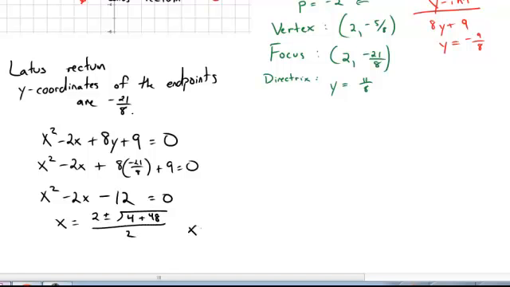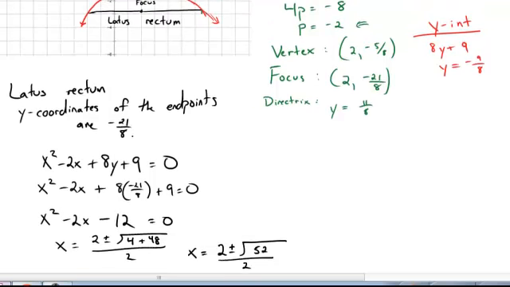So x equals 2 plus or minus root 52 all over 2. And those are where the x coordinates come from.